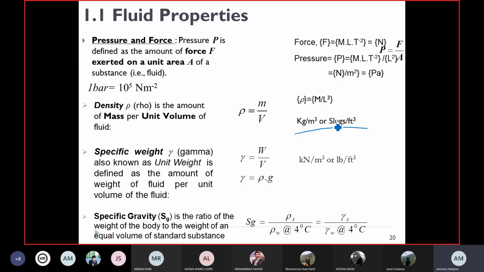Slugs are the unit for mass in the British gravitational system. Okay, you should just keep that in mind. Then specific weight. Density is mass per unit volume. Specific weight is weight per unit volume. Okay, and it is represented in kilonewton per meter cube or pound per foot cube in the British gravitational system.